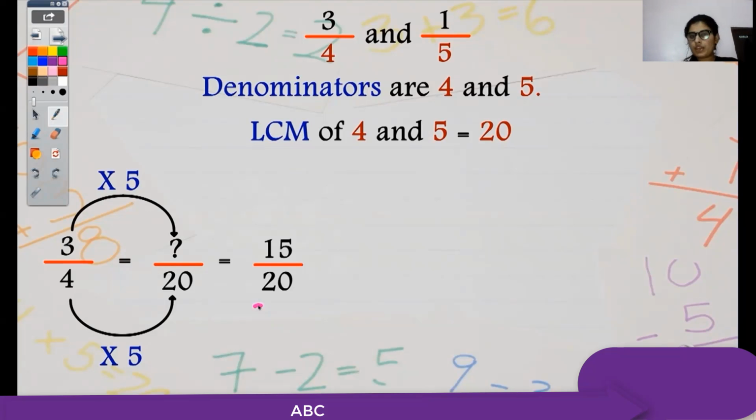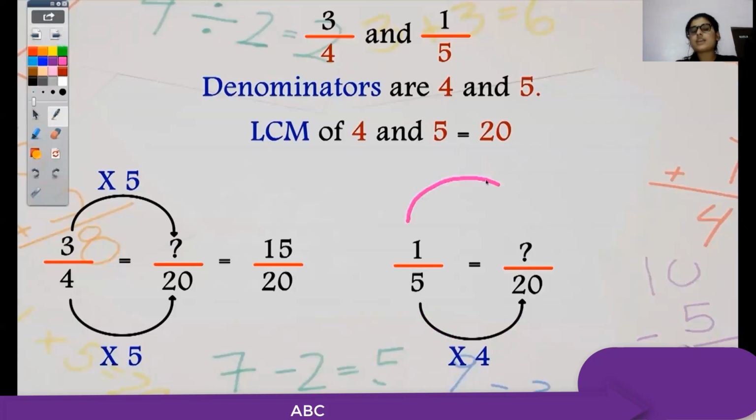Now I have to make the equivalent fraction of 1 by 5 with the denominator 20. How can I make 5 as 20? I get 20 in the table of 5 when I multiply it with 4, so 5 into 4 is 20. That means I have to multiply 1 with 4. So 1 into 4 is 4.